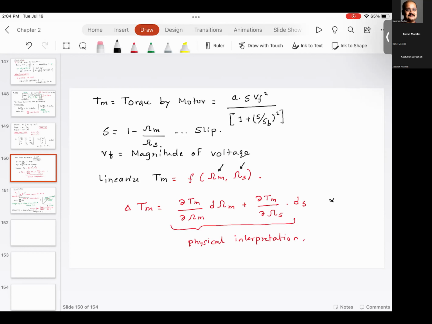If you are mathematically inclined, you can use calculus, or you can use some online tool like Wolfram Alpha, Mathematica, or MATLAB, and then find out these values. So this guy and this guy can be found either by hand or using computer algebra.